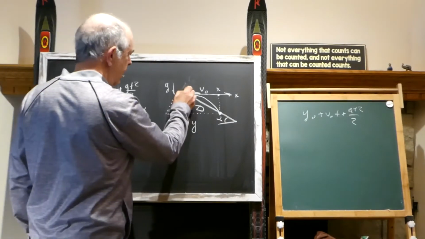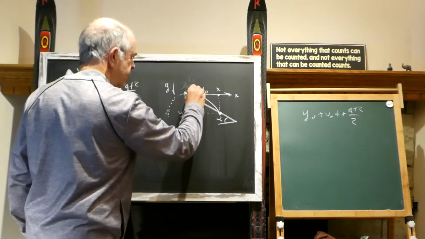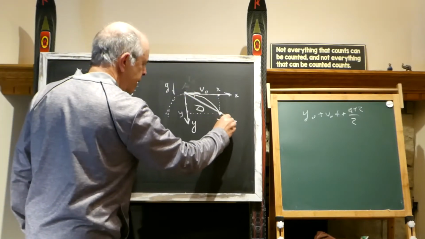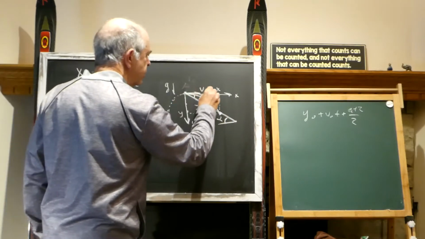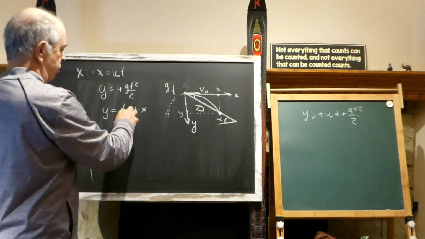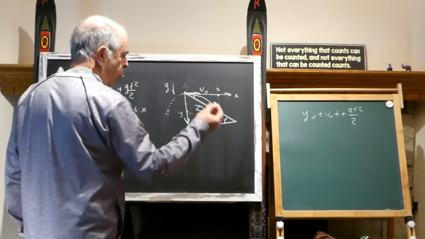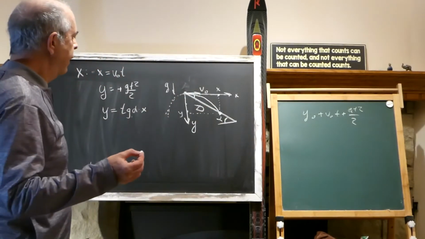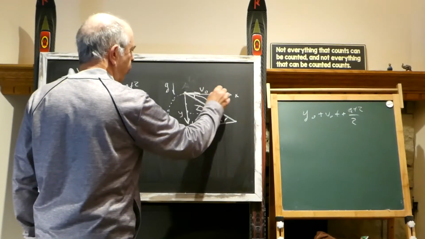This is the equation of this straight line, because this is alpha, the angle between this incline and the horizontal axis. So tangent alpha multiplied by x. We can find it from here.